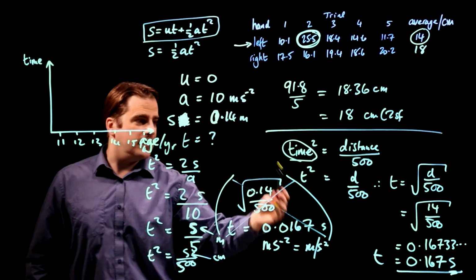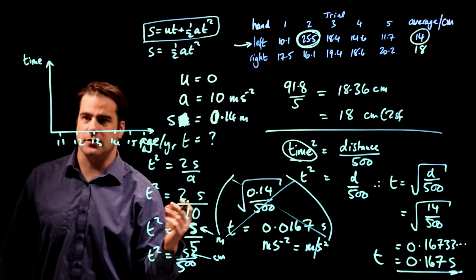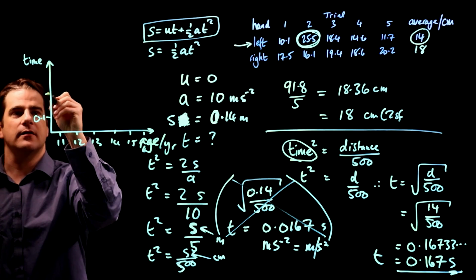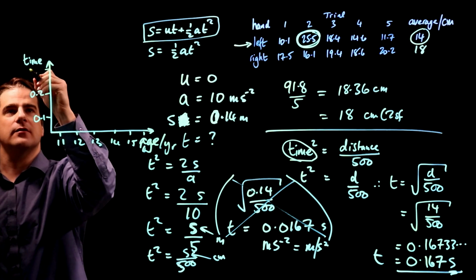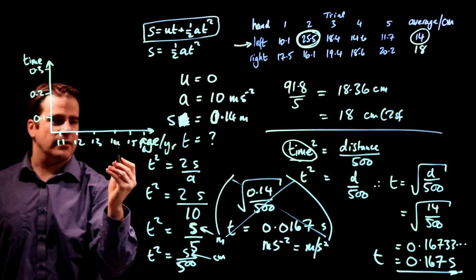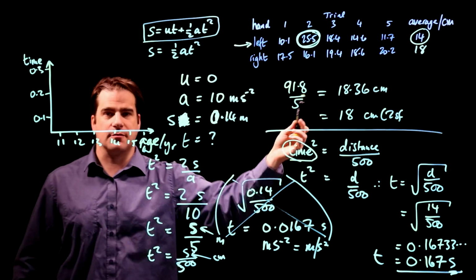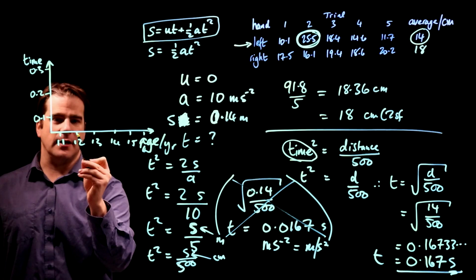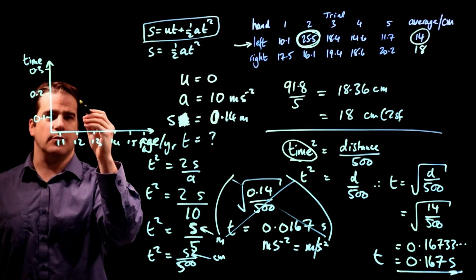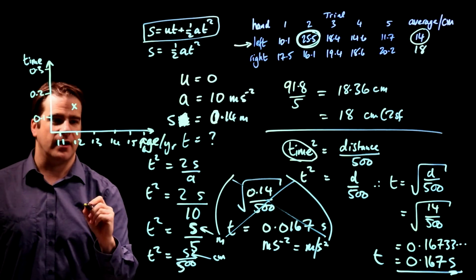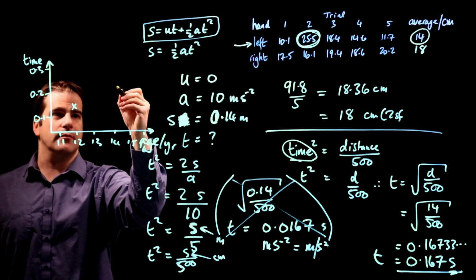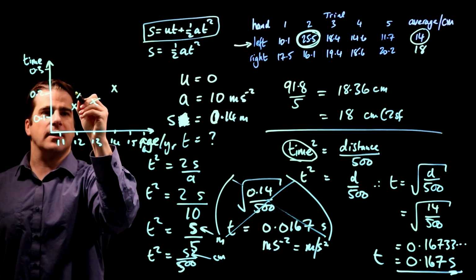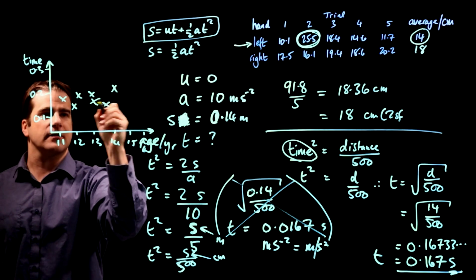It looks like it's around 0.15 seconds-ish, so maybe you'd have 0.1 there, 0.2 there, 0.3 there. And for every person who you've done this experiment with, you'd have one data point. So maybe one 12-year-old had a reaction time of 0.15, so it would be about there. A 14-year-old maybe had a reaction time of about 0.2. And you get a load of data points like this, okay?